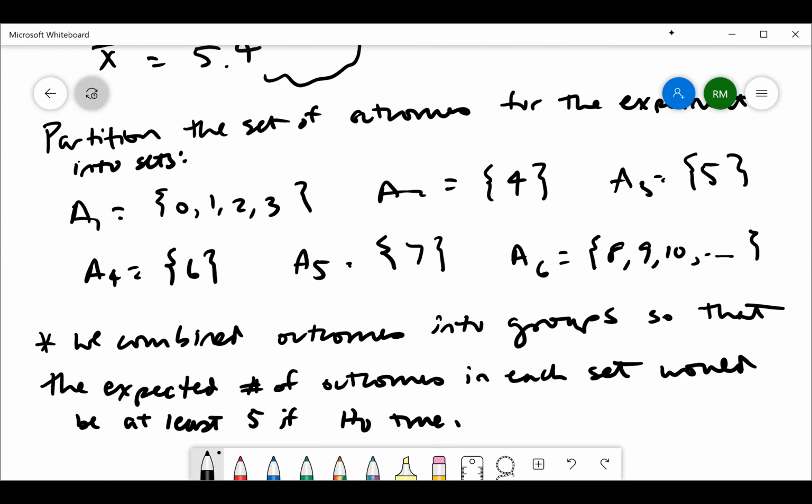Okay, so I'm going to show you the table that gives us the observed frequencies, the theoretical probabilities, and the expected frequencies.